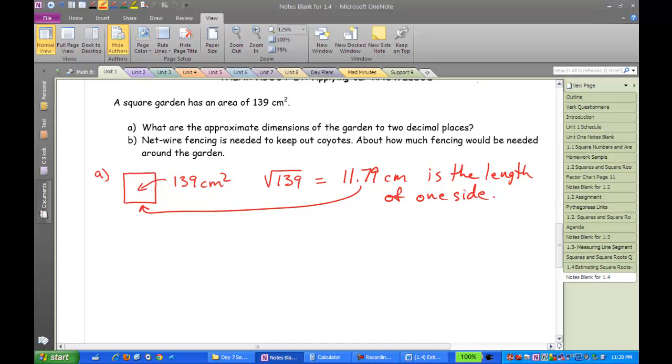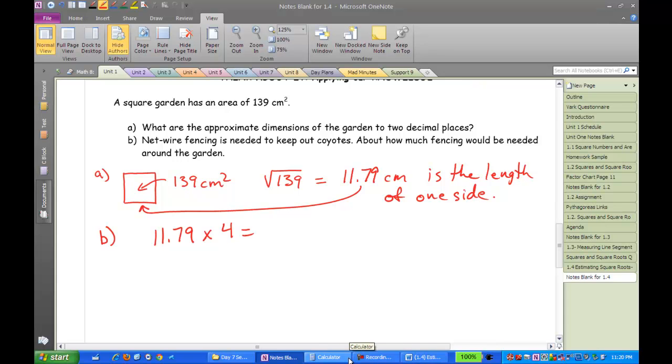So, part B. Net wire fencing is needed to keep out coyotes. So about how much fencing would be needed around the garden? Well, we can take that 11.79 and multiply it by how many sides the fencing needs to go around. That's 4.